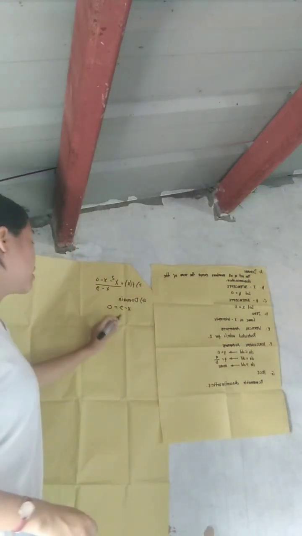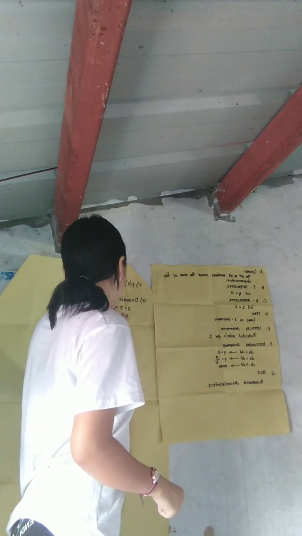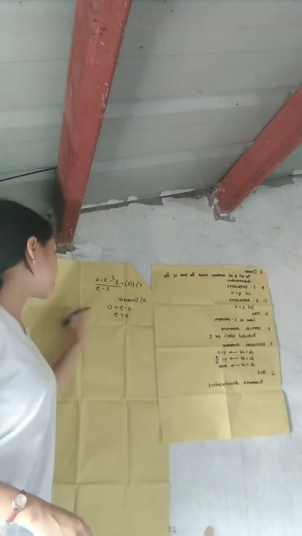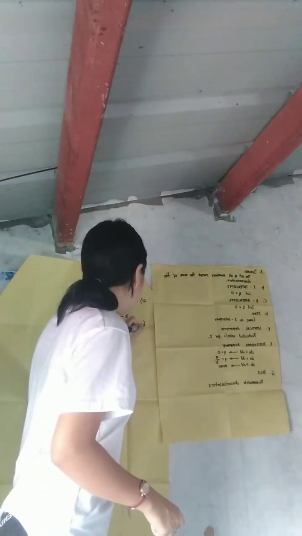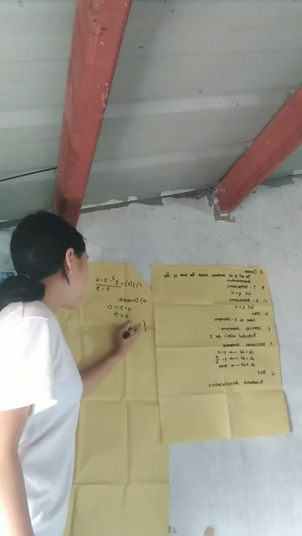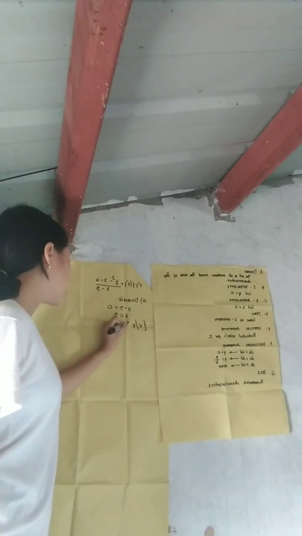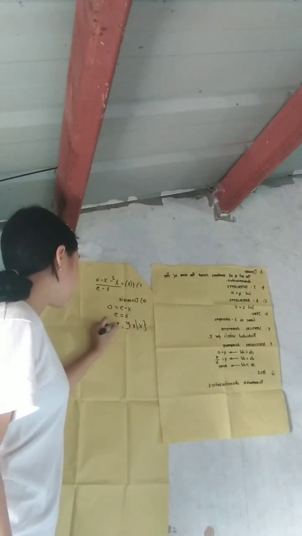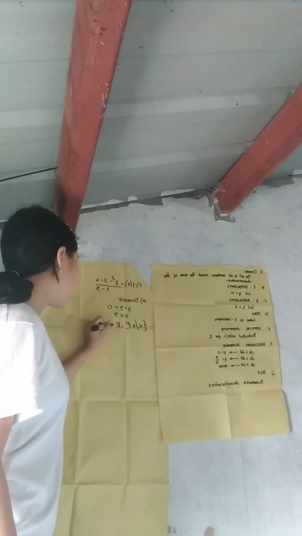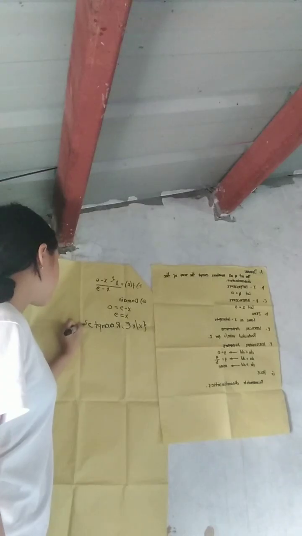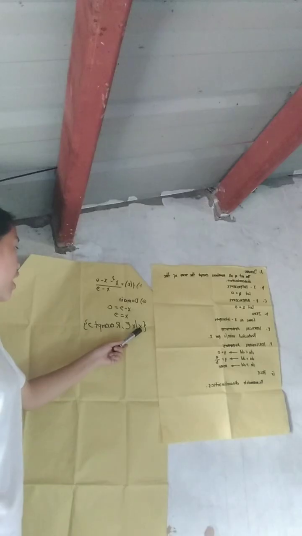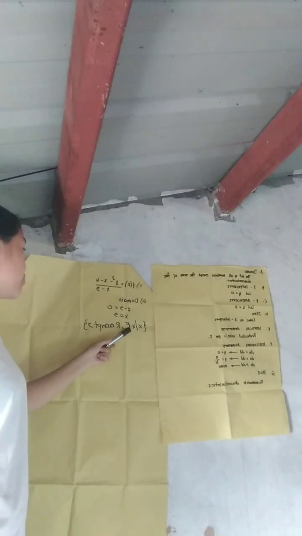So x is equal to positive 3. So our domain is x such that x is an element of the real numbers except 3.